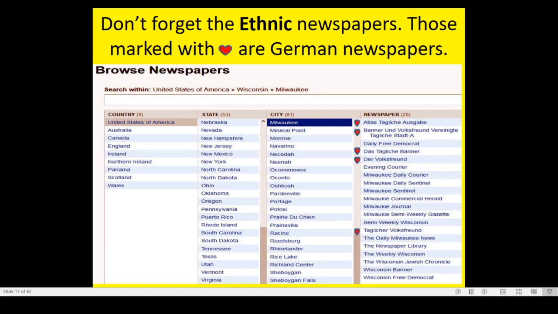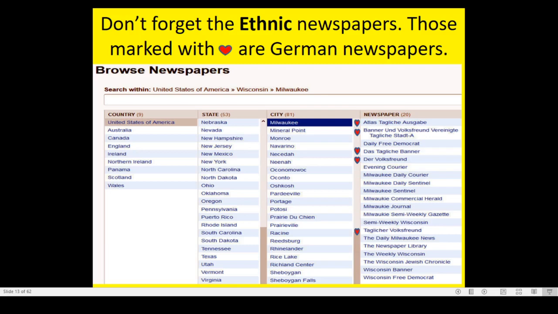A good friend of ours who's deceased now, but she was looking for an obituary for her grandfather. And her grandfather was born in Poland, and they lived in Milwaukee. And she had never seen an obituary for him, and she had searched the Milwaukee Journal, the Milwaukee Sentinel, and never found anything.